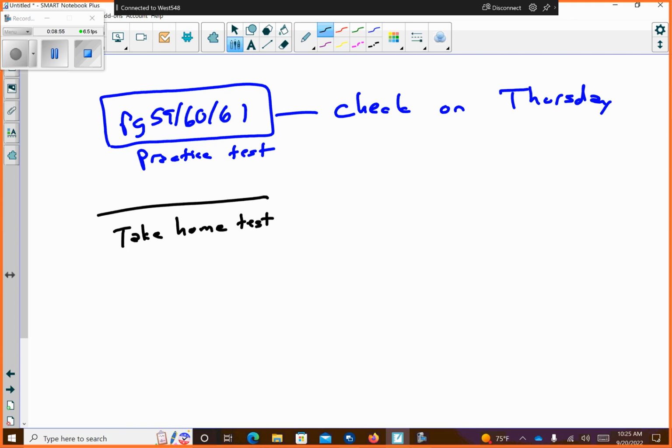You also have the opportunity to work out the take-home test. Now, I am not going to have the take-home test due. But what's the benefit of the take-home test? Yeah, so one, it's very similar to the actual test.